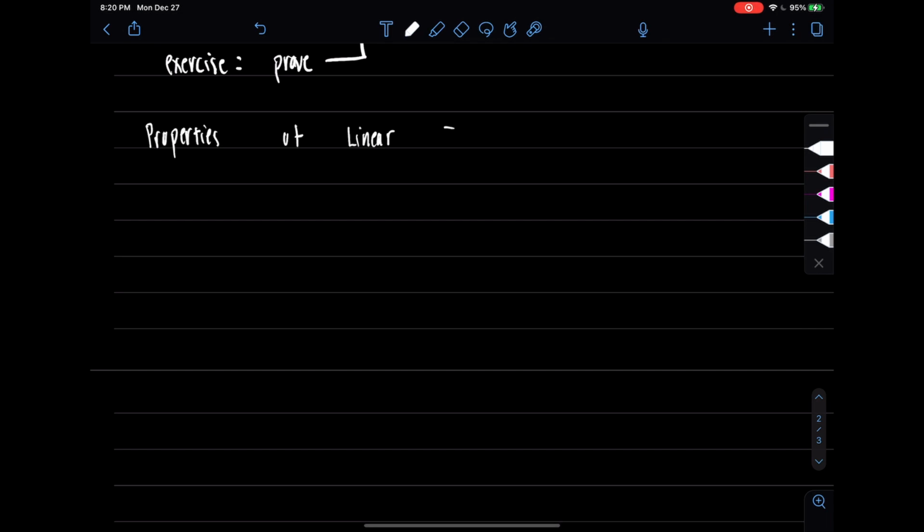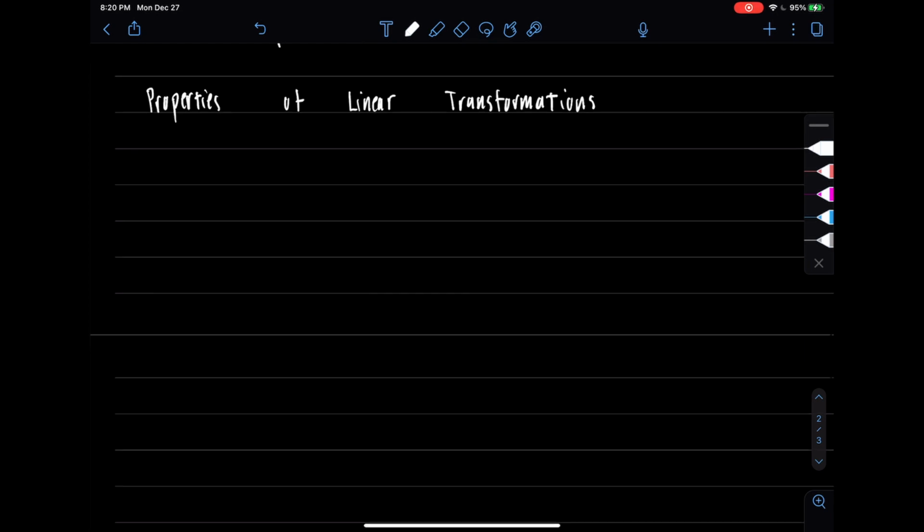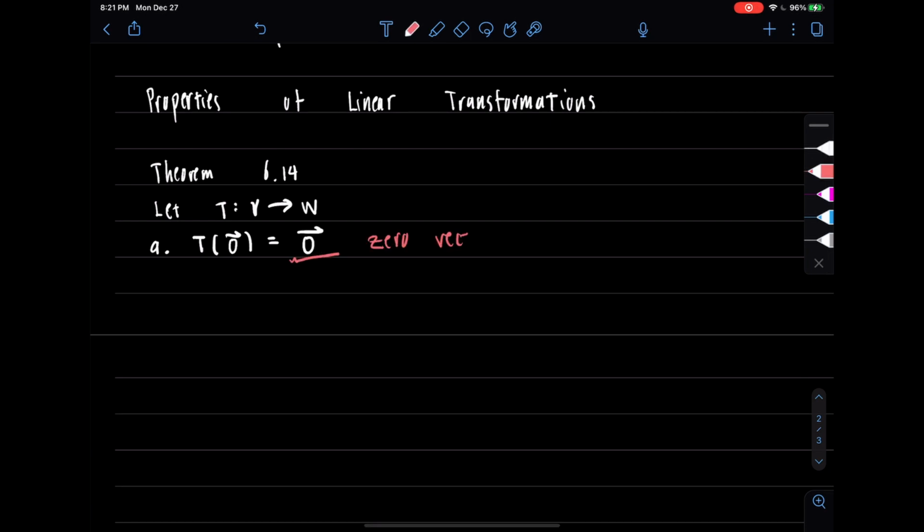So now we want to look at the properties of linear transformations. We are given a theorem, Theorem 6.14 in the textbook. Let T go from the set V to the set W. We have A, that T of the zero vector is still the zero vector. B, T of negative v gives us negative T of v, where we can see that the scalar c is basically negative 1.